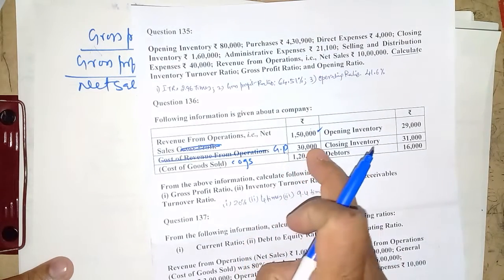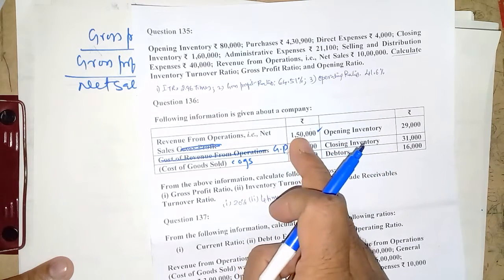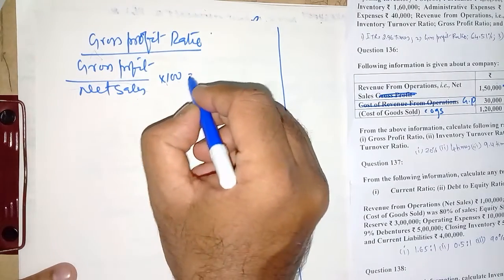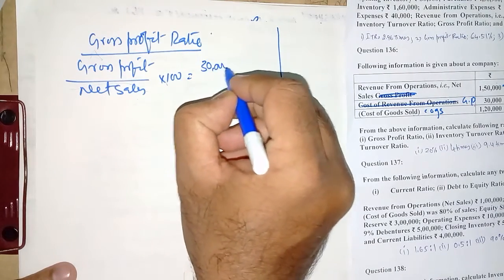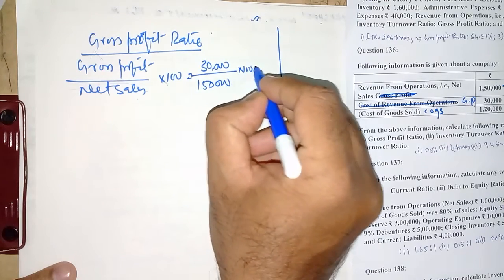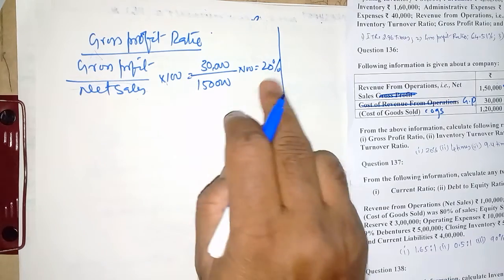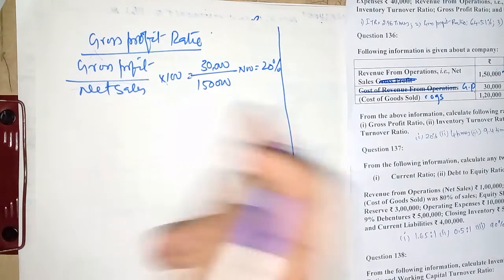In this question gross profit is directly given, that is 30,000, divided by net sales of 1,50,000. So 30,000 divided by 1,50,000 into 100 is equal to 20%. Clear? 20% is our gross profit ratio.